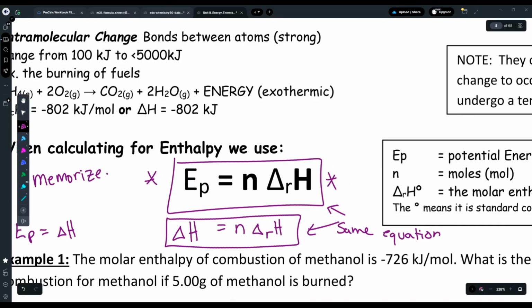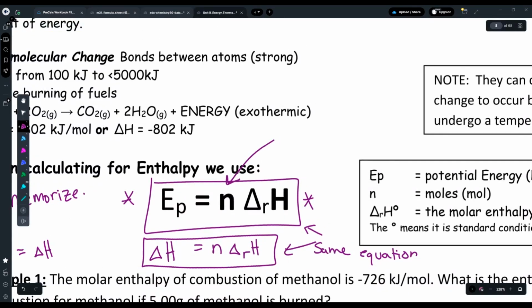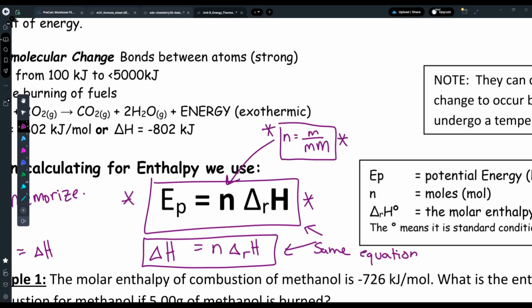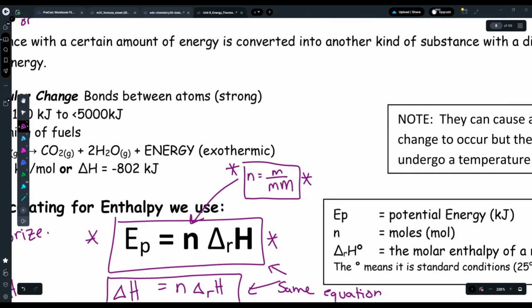Now with moles, to find moles if you're given mass, that's going to be mass divided by molar mass. Mass is in grams, molar mass is in grams per mole. That's another formula you're going to have to know in order to use this equation if your question gives you the mass of a substance.